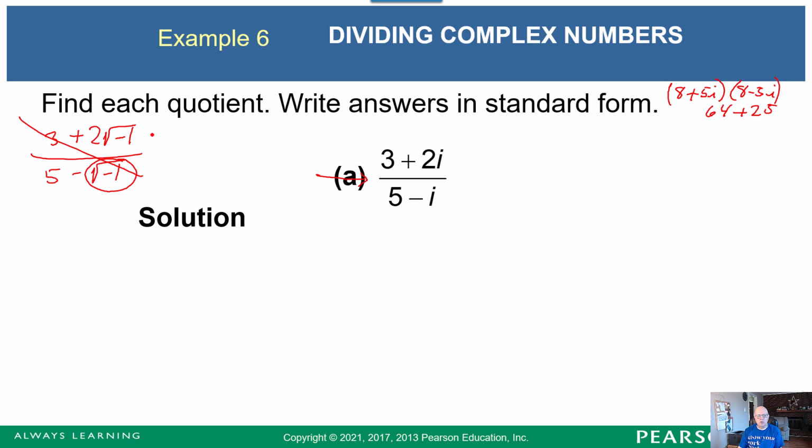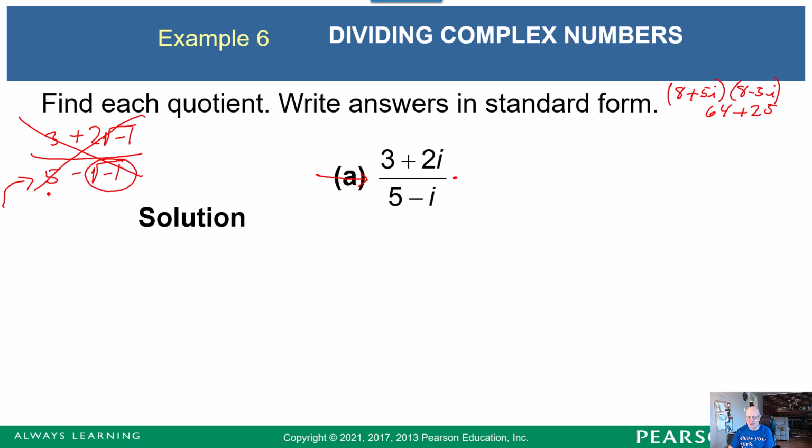So we don't want to write it with a square root in the denominator, and that's what i represents. So what do we do? Complex conjugates to the rescue. So what we're going to do is something that sounds even more simple than it really is. We're going to multiply by 1. Now the denominator over here was the part that caused the problem.